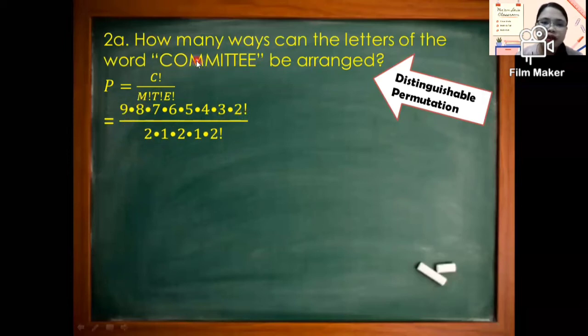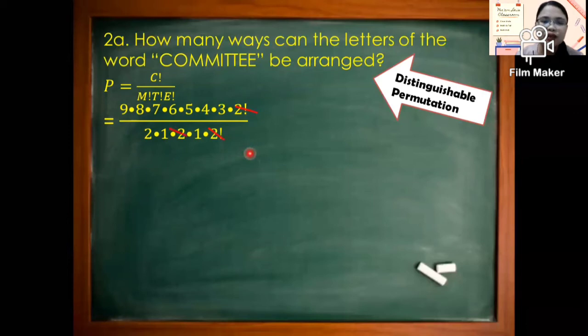Because meron kang dalawa na M, that is simply 2 factorial or expanded form 2 times 1. Same thing with T, dalawang beses din nag-ulit, so that is now 2 times 1. At ganun din yung sa E, or simply that is 2 factorial. Cancel yung common sa numerator at sa denominator. Pwede natin cancel yung dalawang 2 factorial.